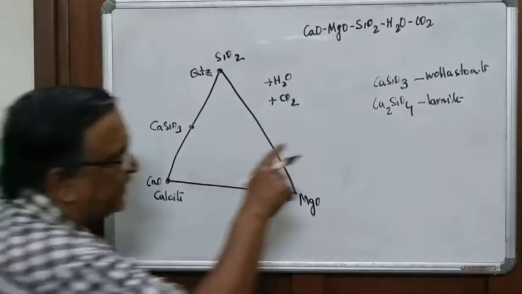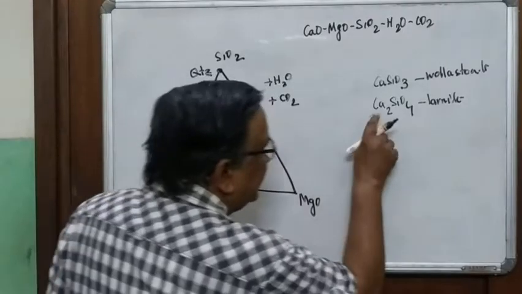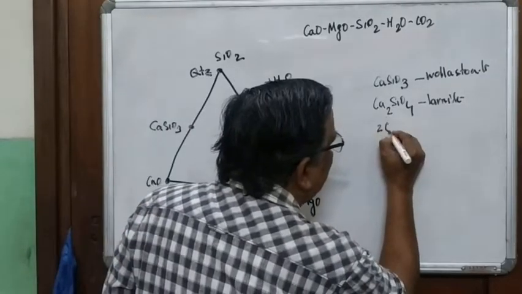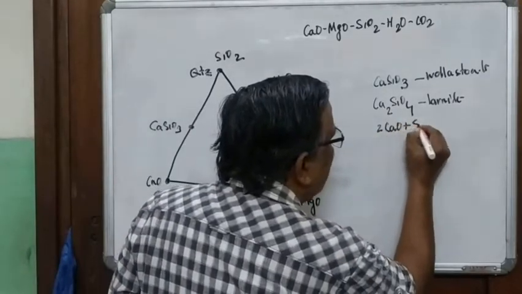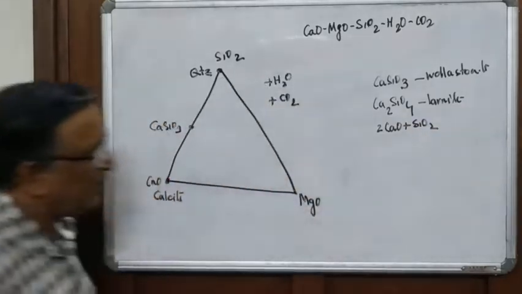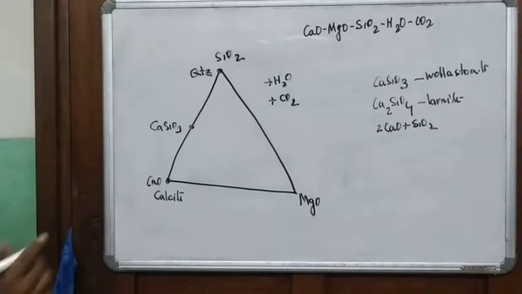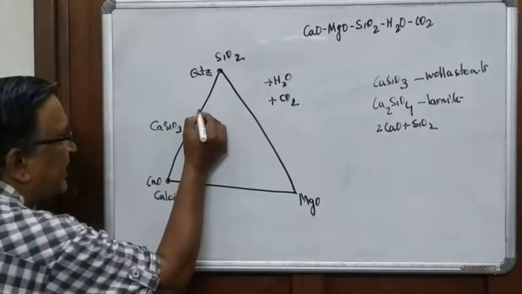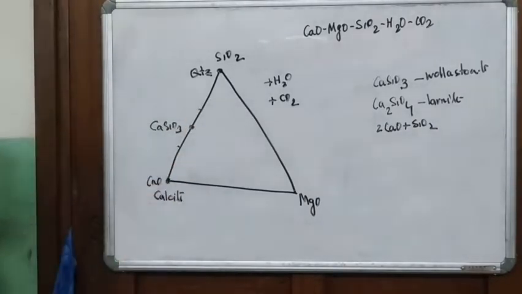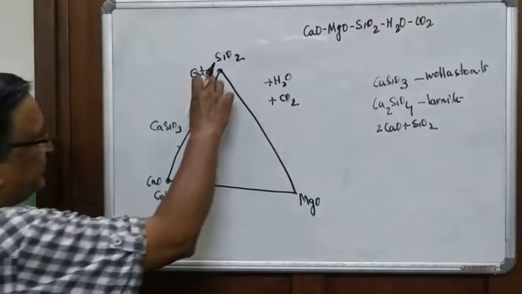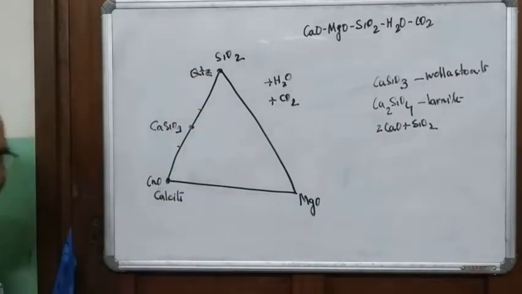But if we take, for example, larnite, then this is essentially 2 CaO plus SiO2. So 2:1. The total is 3. So what we do is divide this into 3 parts. So that is 33%, this is 33%, and this is 33%.